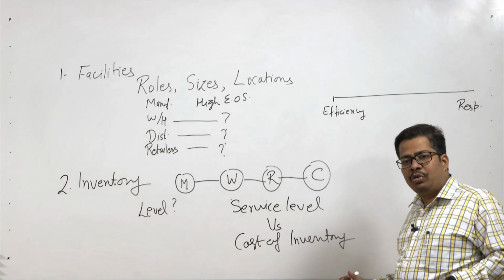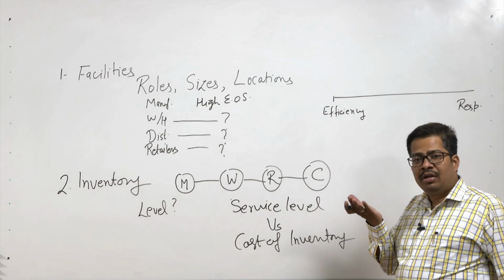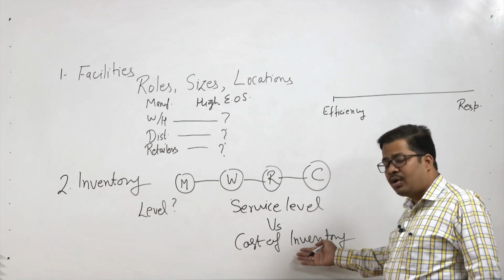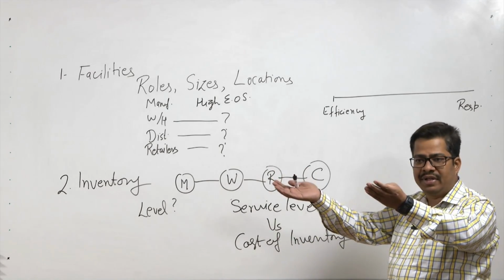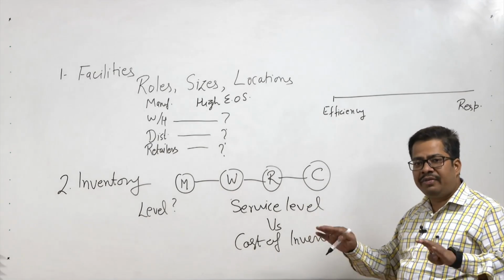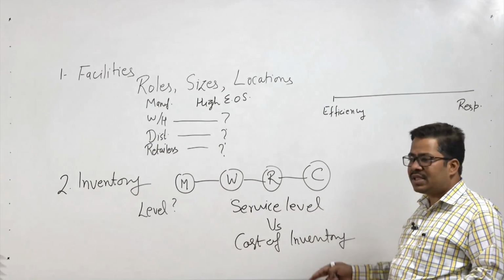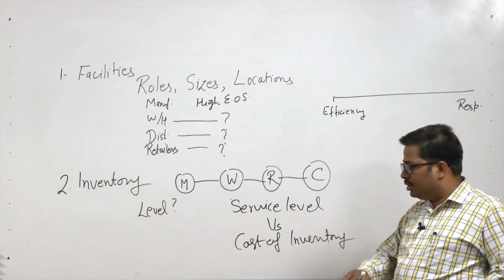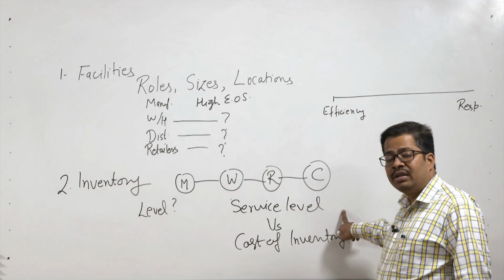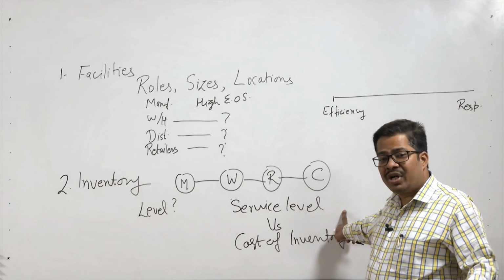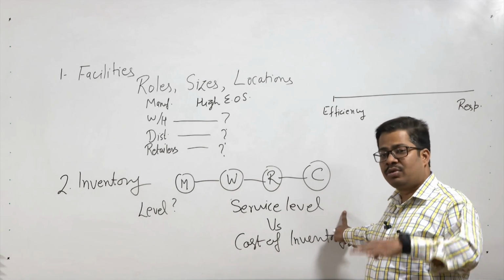If you are increasing the service level for improving customer satisfaction, the cost of inventory will also increase, which is not desirable. We should keep the cost of inventory low, but when we focus primarily on keeping it low, the service level will also go down, and that will lead to poor customer satisfaction, which is also not desirable.